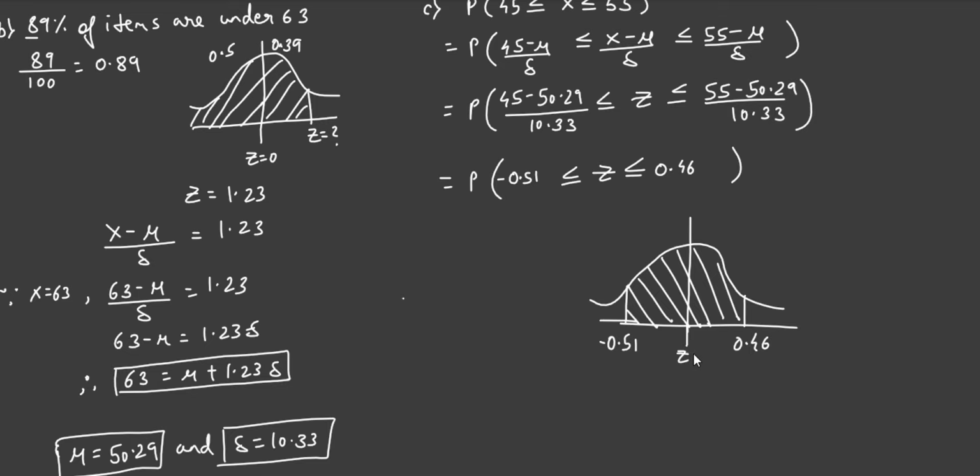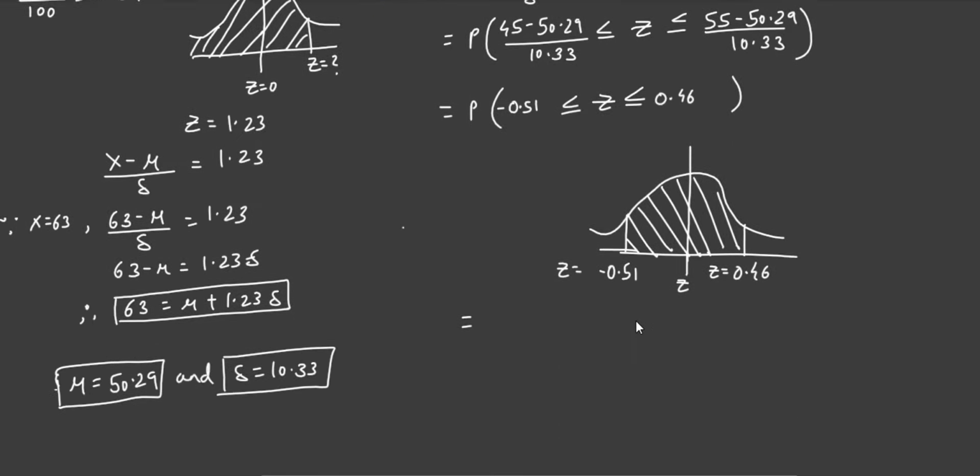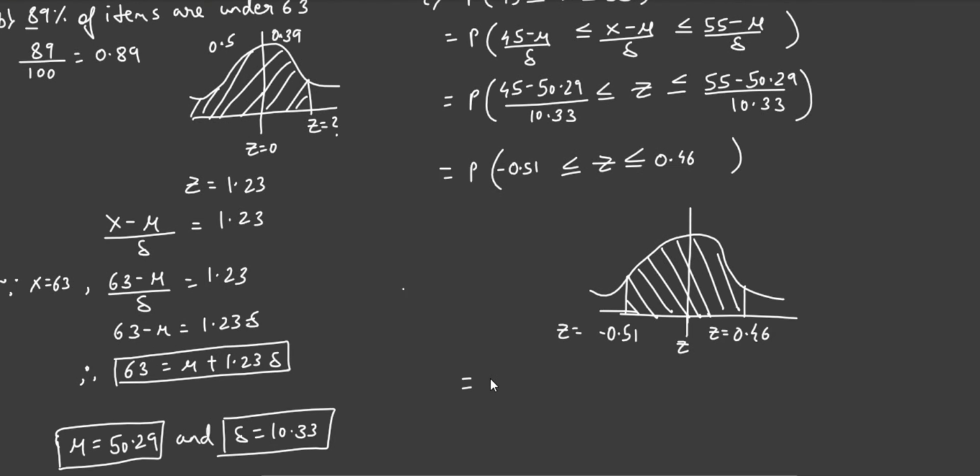So here we have got the z values, and we have to find the area between z equal to minus 0.51 and 0.46. So the area from z equal to 0 to z equal to minus 0.51, plus the area from z equal to 0 to z equal to 0.46.